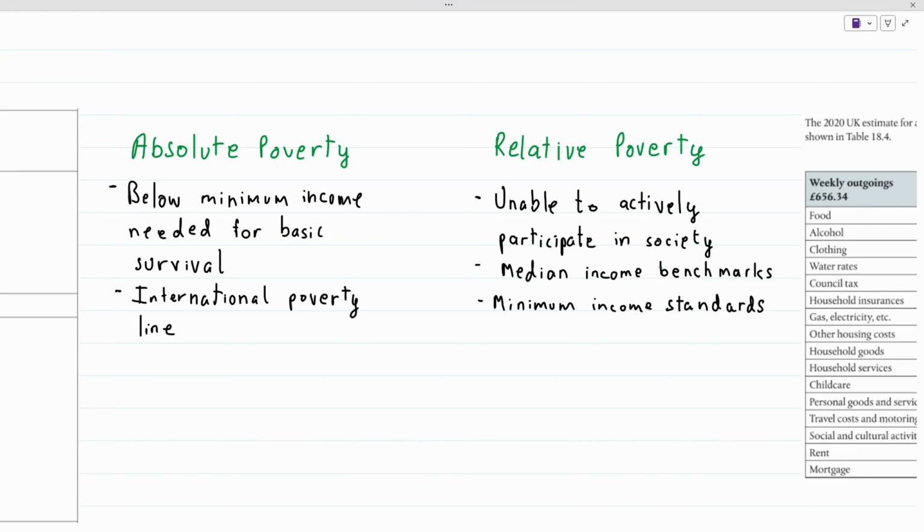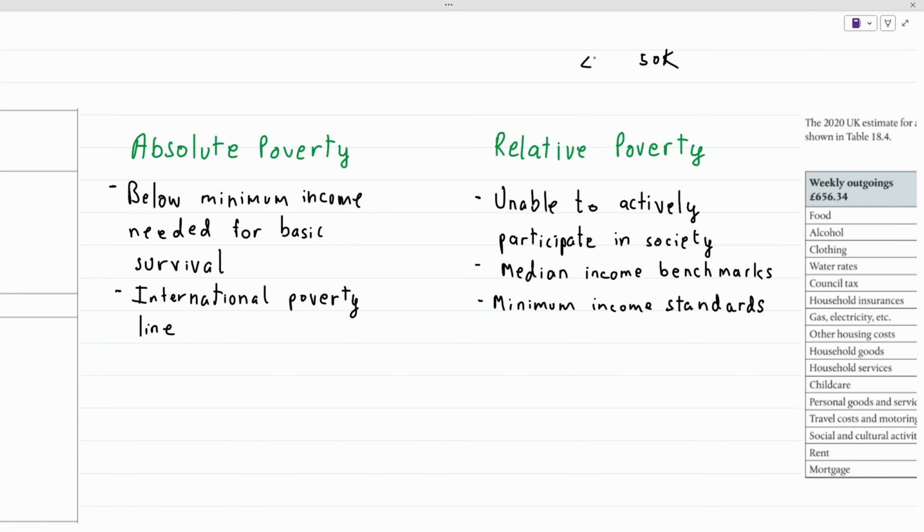There are two main ways to measure relative poverty. The first one being median income benchmarks. This can change depending on whoever you ask to define it, and different countries may have different measurements for this. But just to give an example, one measurement states that anyone earning less than 50% of the median wage is relatively poor. So let's say the median wage in a country is about 50,000.